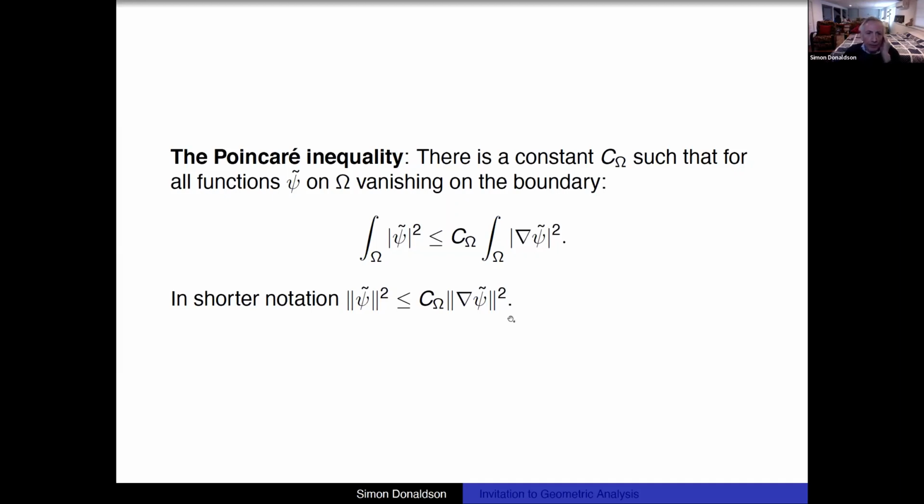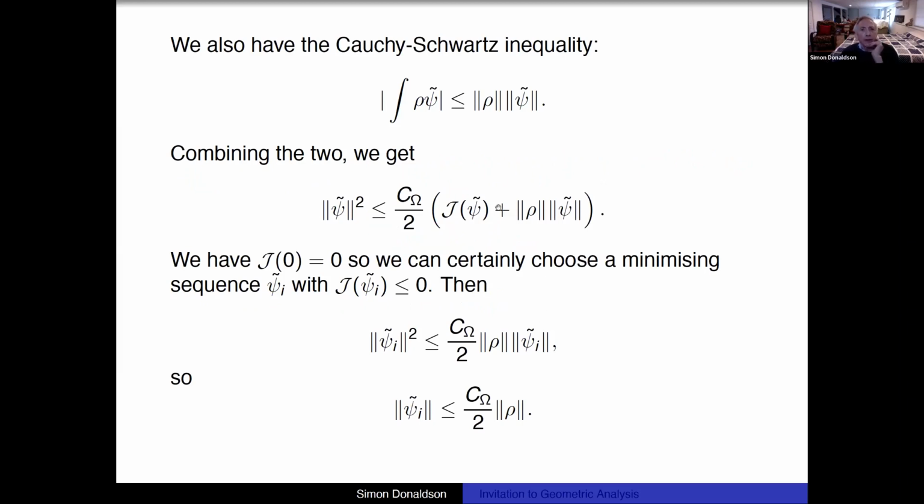This is not that hard to prove, but it's a fundamental fact in analysis and PDE. We also have the Cauchy-Schwarz inequality, which says that this inner product, the integral of rho times phi tilde, is bounded by the products of the L2 norms. If we combine the two and go back to the definition of this function J, we can get an inequality like this.